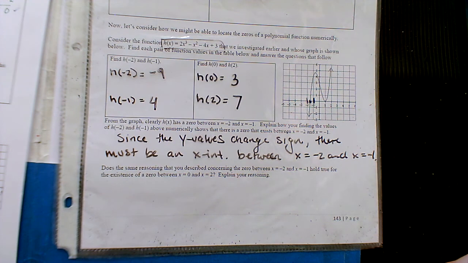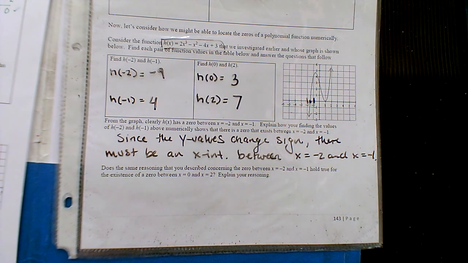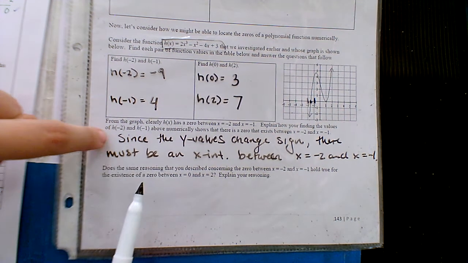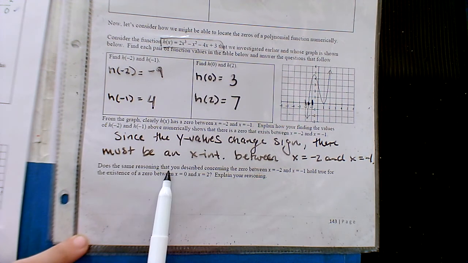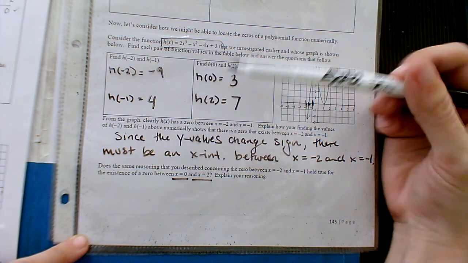Is that kind of logical? Common sense almost? Good. Okay. Let's check out the next one. Does the same reasoning, our justification that we just wrote down, apply to x equals 0 and x equals 2?